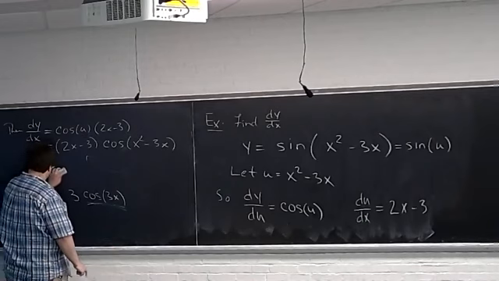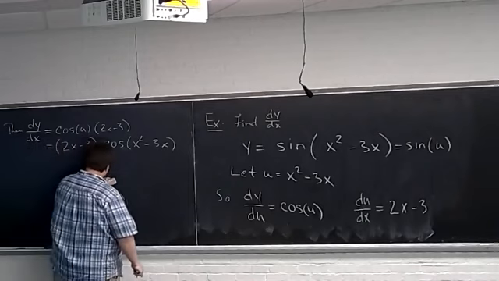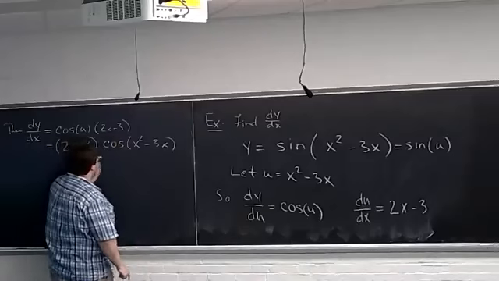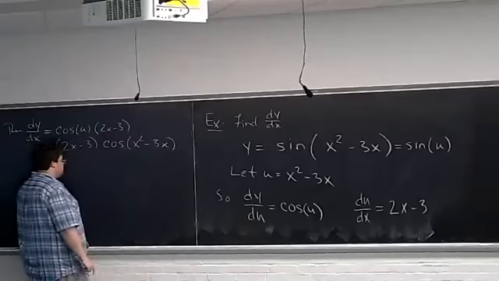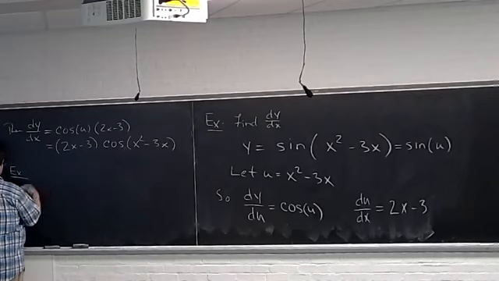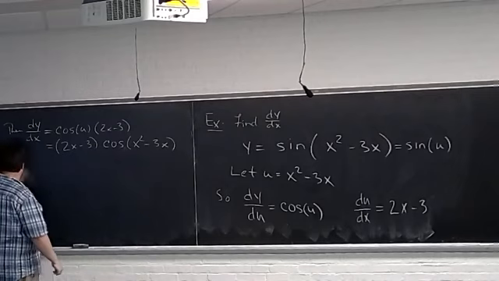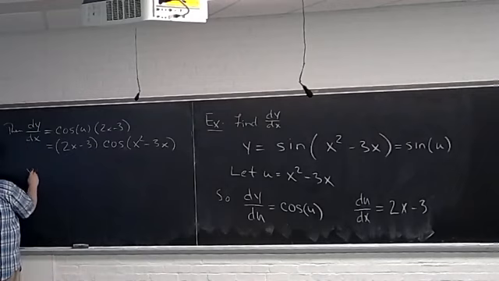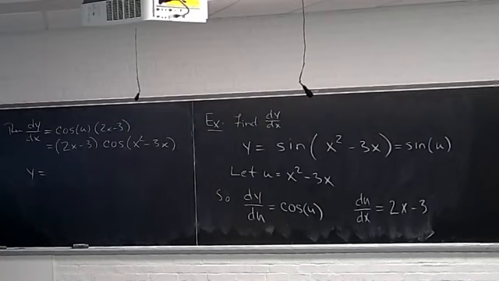Later in the semester, for some of them I will write the details, but for most of them I won't. But for today, directions here are all going to be find dy/dx, so I'm not going to keep writing it. Any questions about that second example we just did?